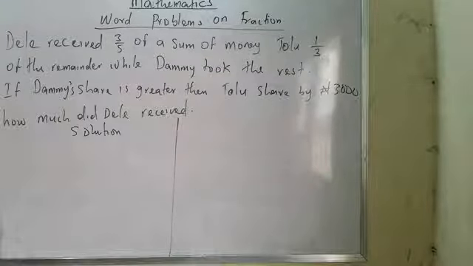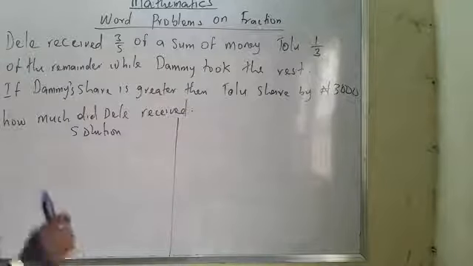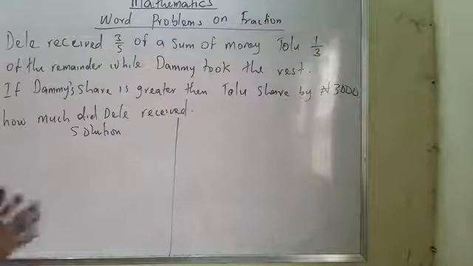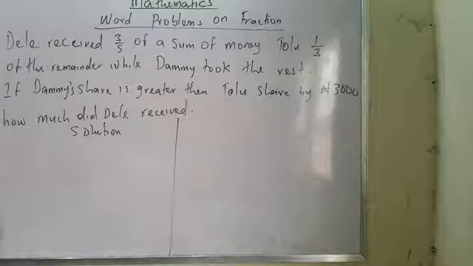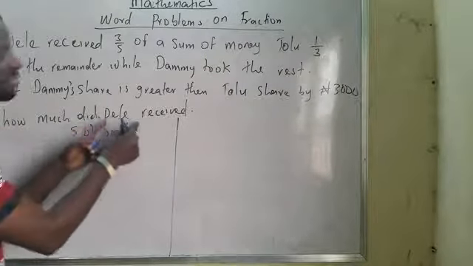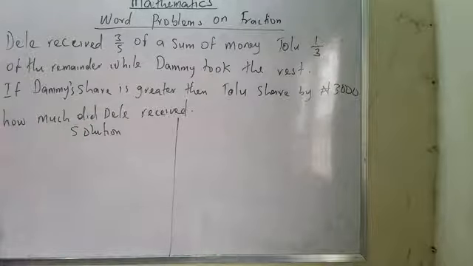In word problems, you must learn to tackle the words, identify what the question is asking, and understand the question very well. What you are really working towards is how much Dele received. That is your problem. Now, how do I go? By analysis.